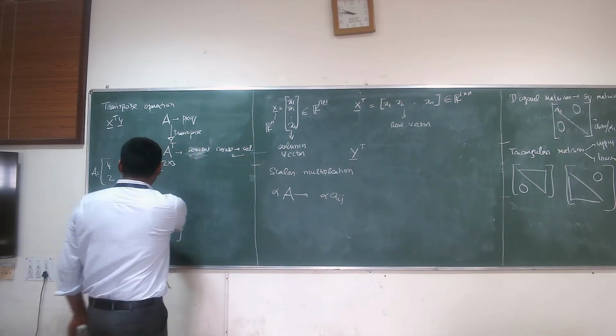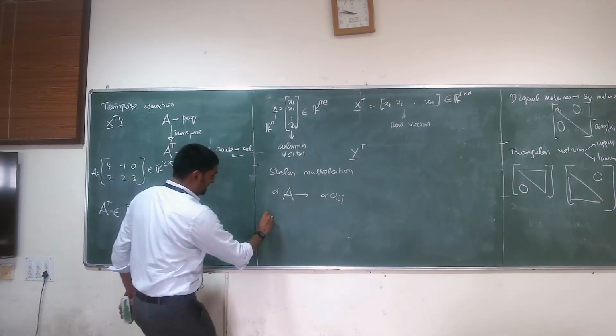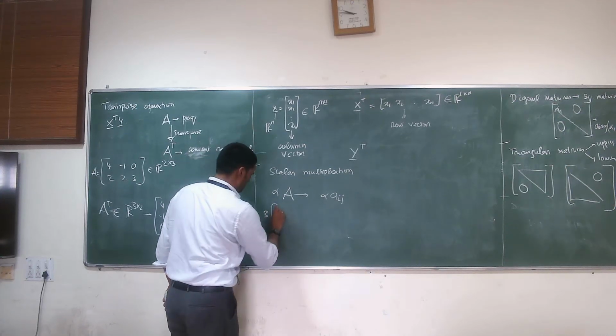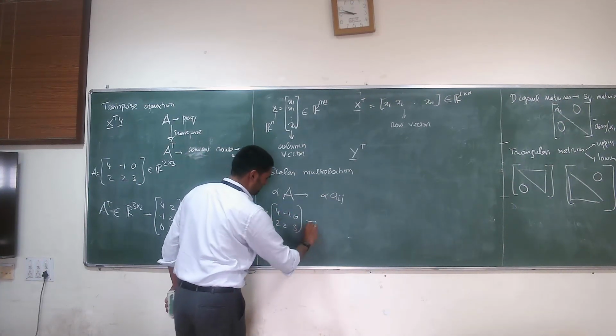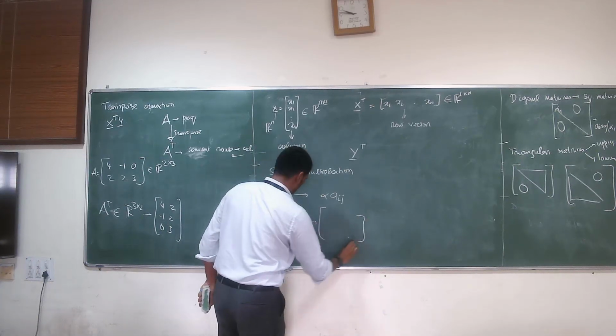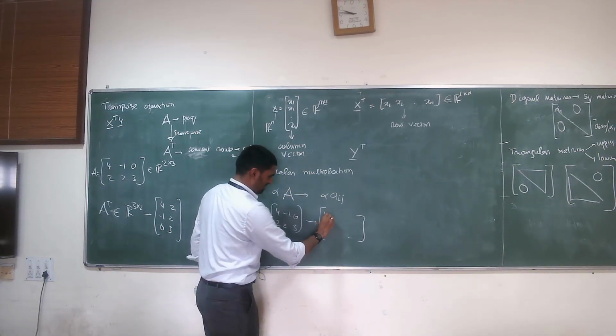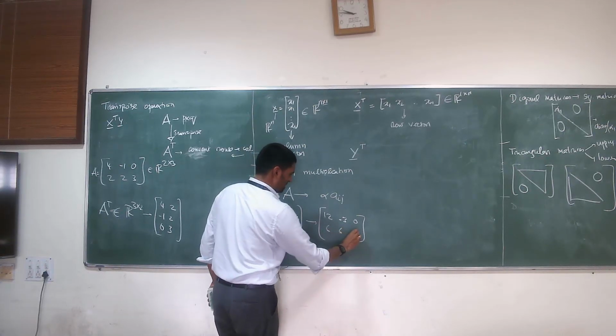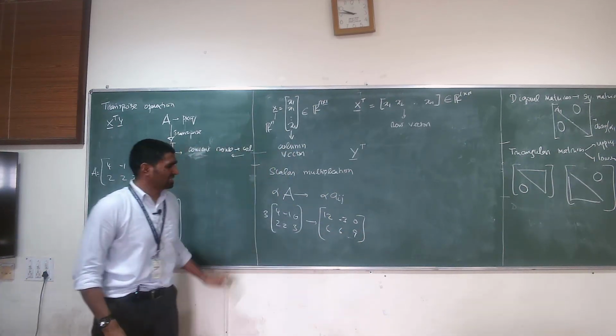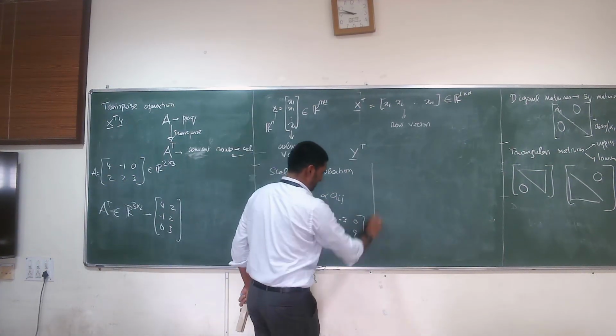So in this case, 3 times this will simply be, what will this be? This will be 12, 3, 0, 6, 6, 9. That's scalar multiplication.